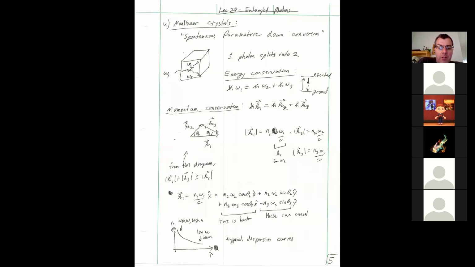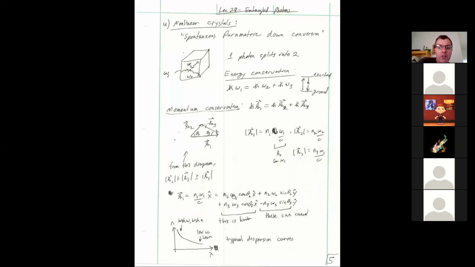And if we look at a typical dispersion curve, refractive index versus wavelength, it looks like this. Now, short wavelength is high frequency. And we have a very high refractive index here. So we've got a large number on the left-hand side, and we've got a bunch of small numbers on the right-hand side.